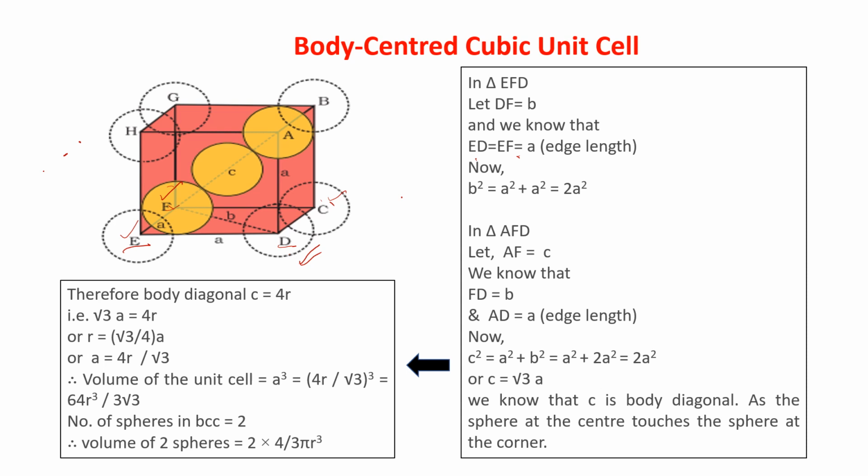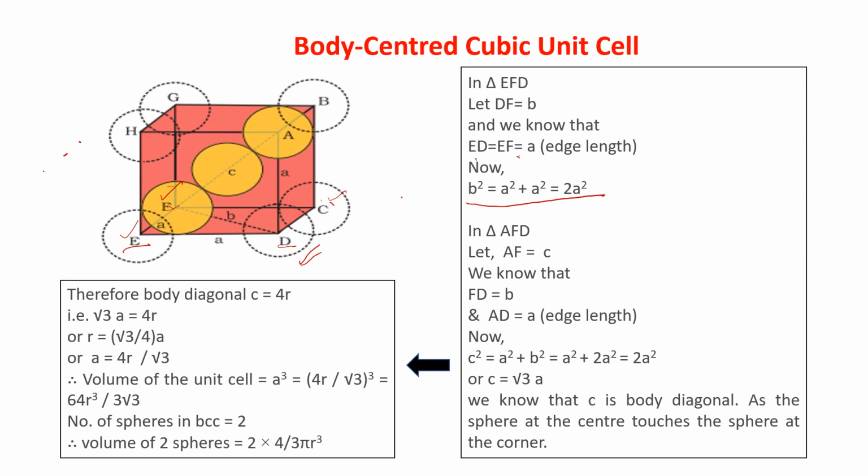Since this is a right triangle, FD square is equal to EF square plus ED square. So b square is equal to a square plus a square, which is 2a square. So b square is equal to 2a square.